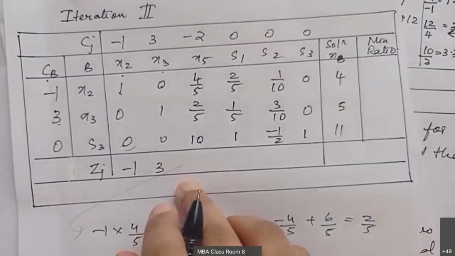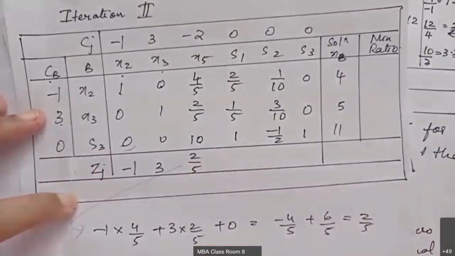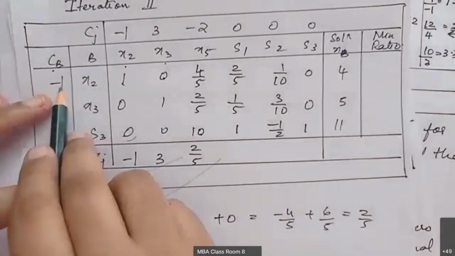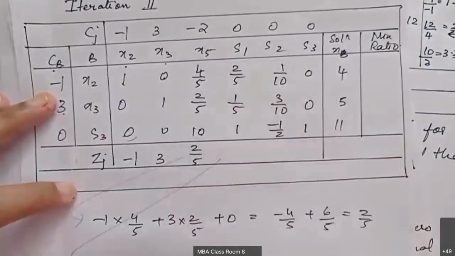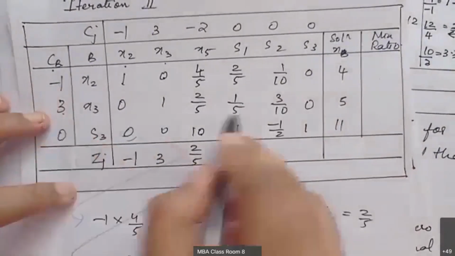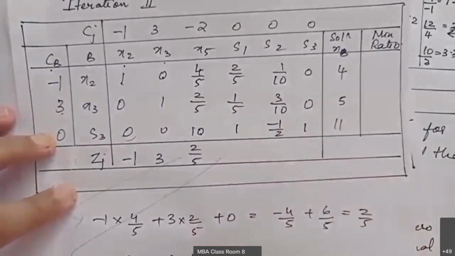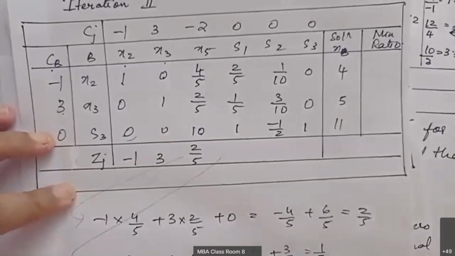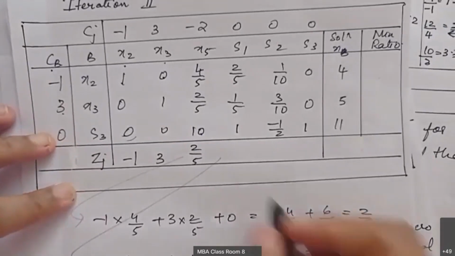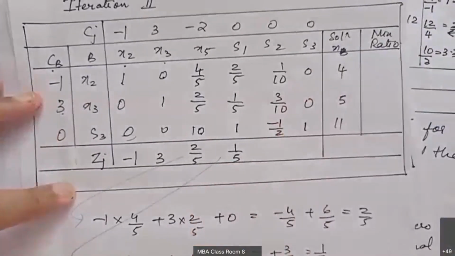Just give me a second. Yeah, 2 by 5. So here I write 2 by 5. Over here, again I'll take that value down and write it. Okay, here I have minus 1 into 2 by 5 plus 3 into 1 by 5 plus 0 into 1. I don't have to calculate. Becomes minus 2 by 5 plus 3 by 5, which is equal to 1 by 5. Okay, next value. Okay, so this one also I will take it down. Were you able to see that?